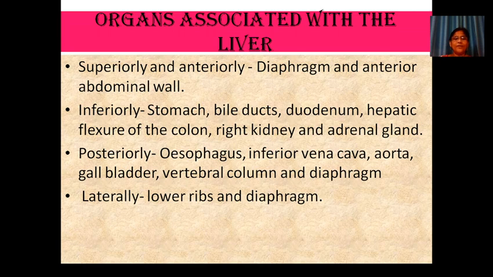Inferiorly, there are the stomach, bile ducts, duodenum, hepatic flexure of the colon, right kidney and adrenal gland. Posteriorly, the esophagus, inferior vena cava, aorta, gallbladder, vertebral column and diaphragm. Laterally, the lower ribs and diaphragm. All these are organs associated with the liver.